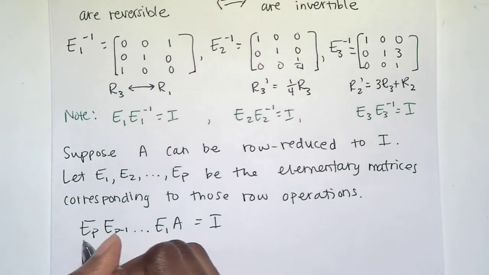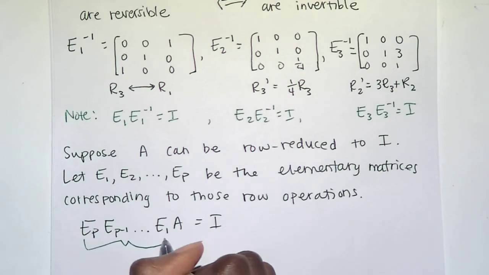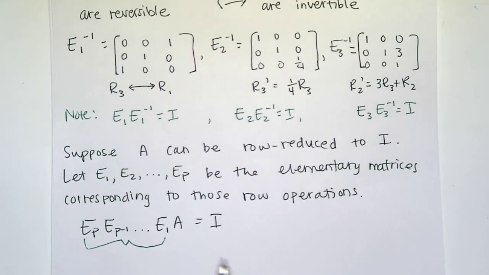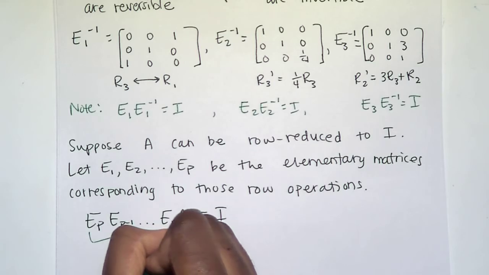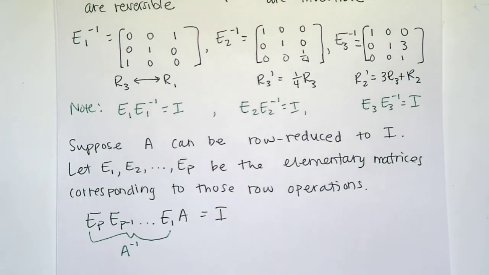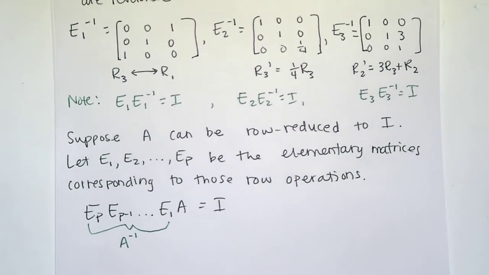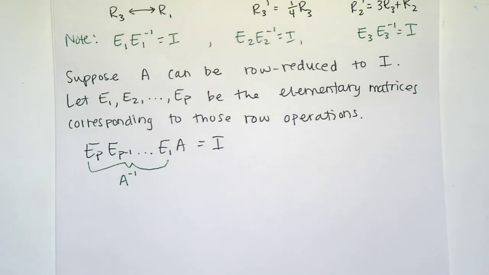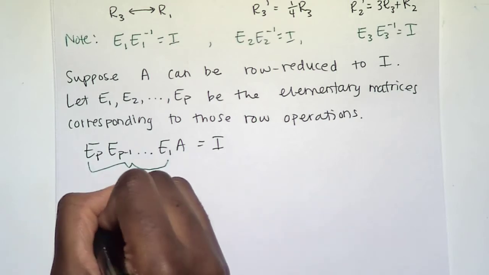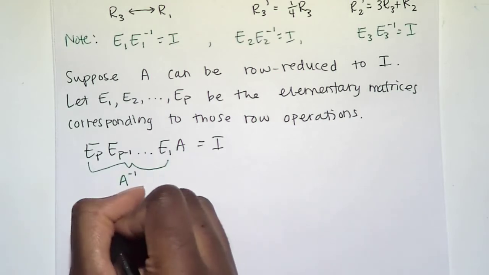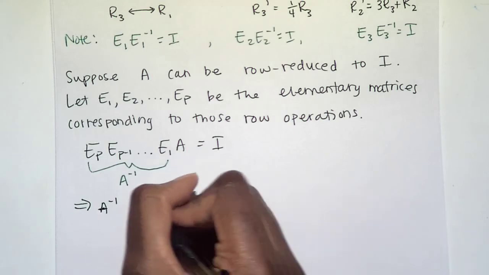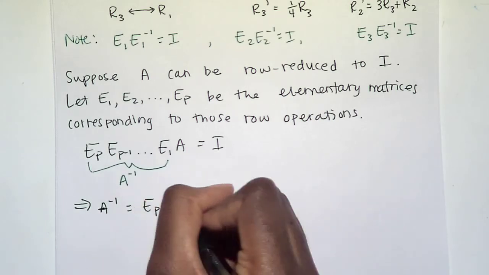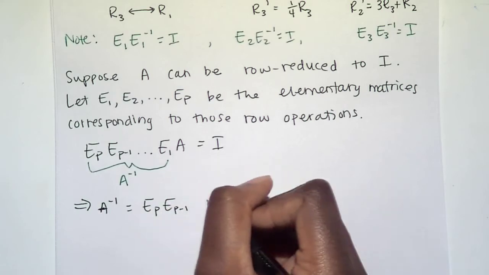So all of these elementary matrices together, can you guess what they make up together if we multiply them by A and get the identity? All of them together, that's A inverse. A inverse times A gives us the identity. So to find A inverse, we need to multiply these elementary matrices.